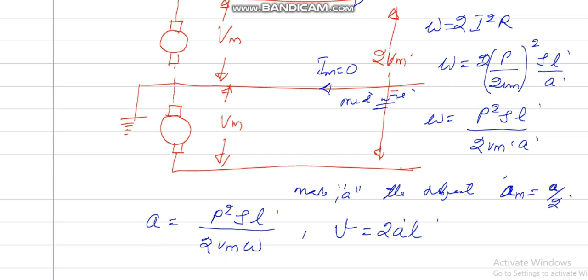Okay, kwa hiyo the total volume of conductor material itakuwa ni 2 times area times length, ambazo hizi ni for two outers, plus the volume of conductor for mid wire, ambayo tunasema ni half, 0.5 times AL.